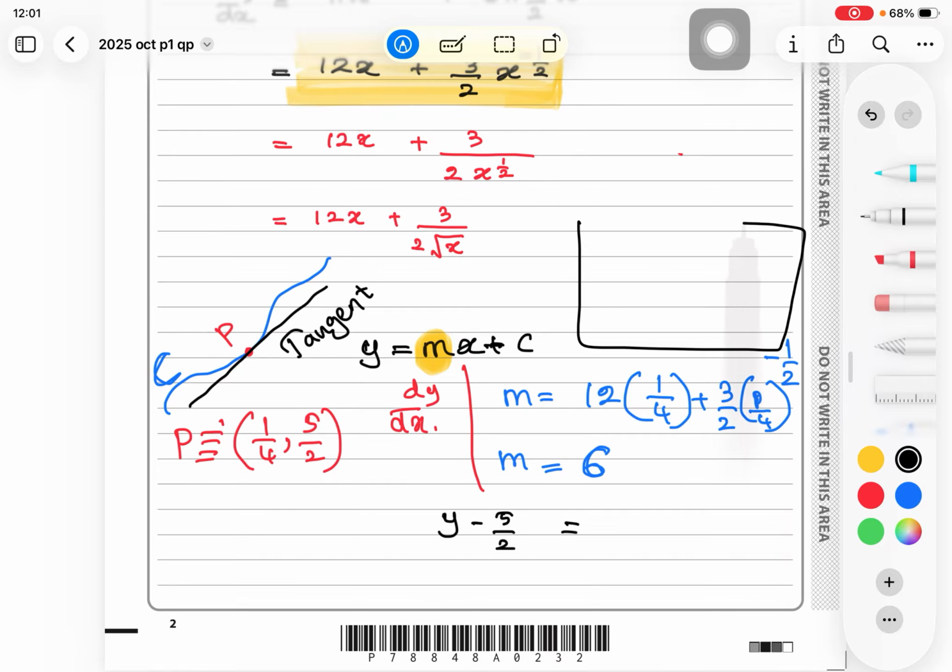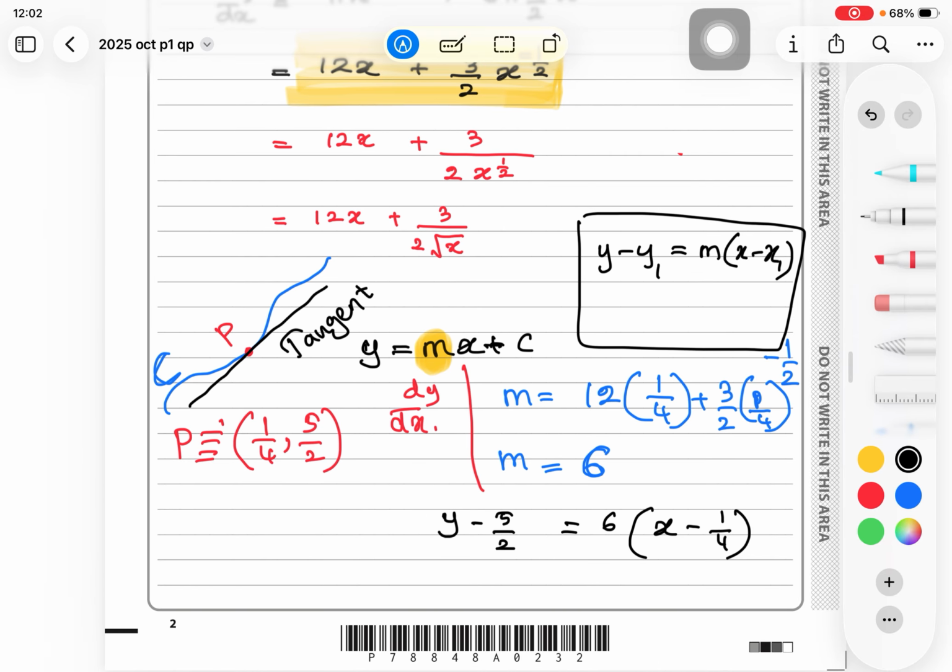The common equation is y minus y1 equals m times x minus x1. So here, 6 bracket x minus 1 over 4.